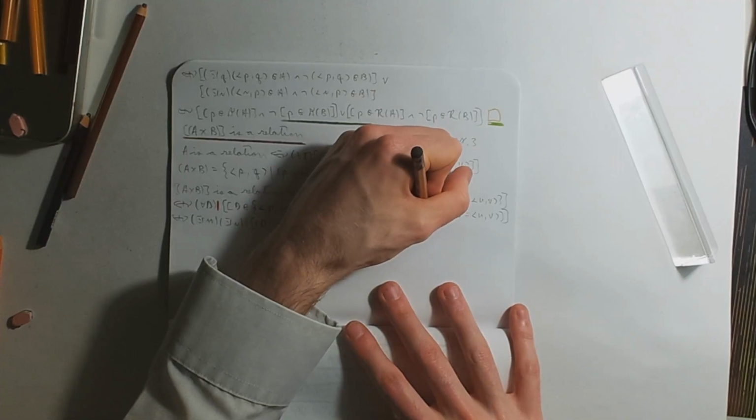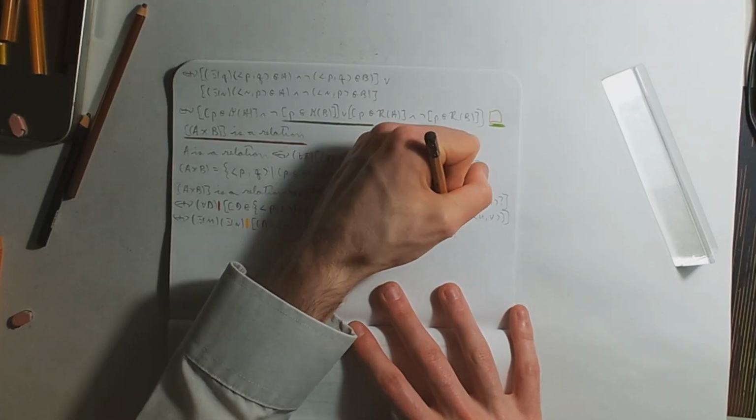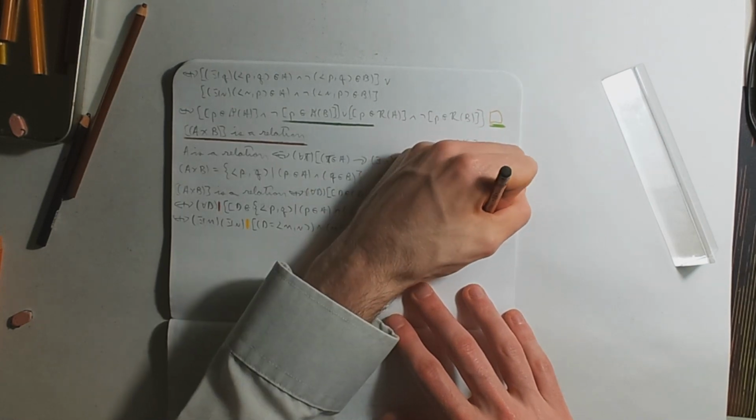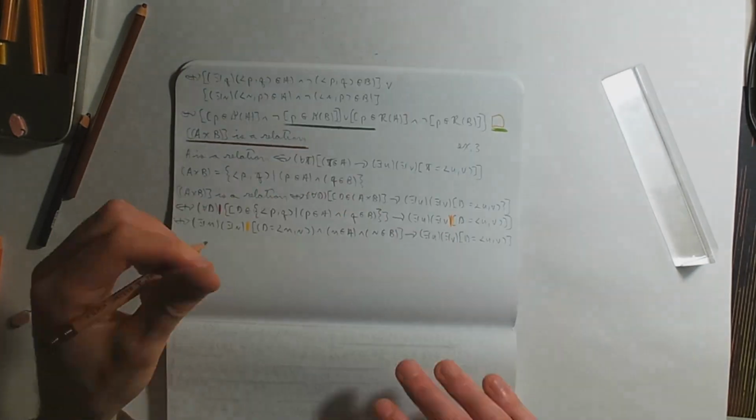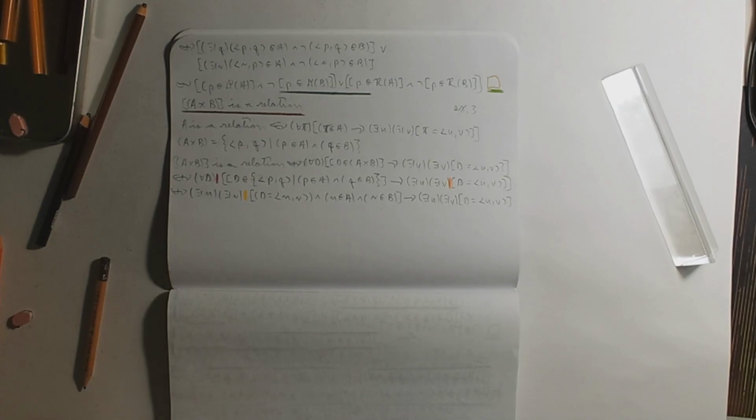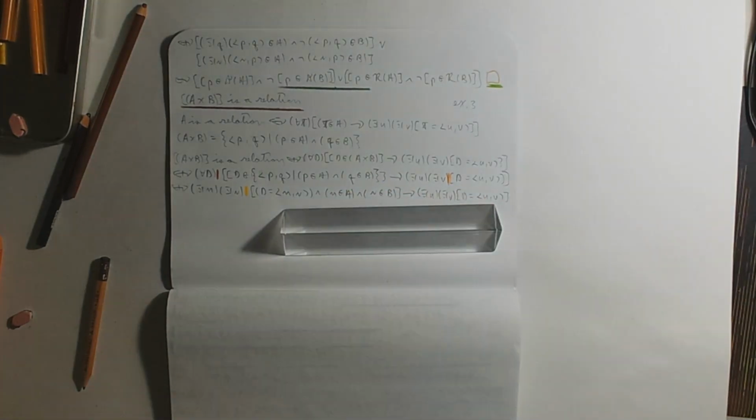Then there exists a U and there exists a V such that D is equal to the ordered pair UV. Okay, so I guess the point is that we shed.